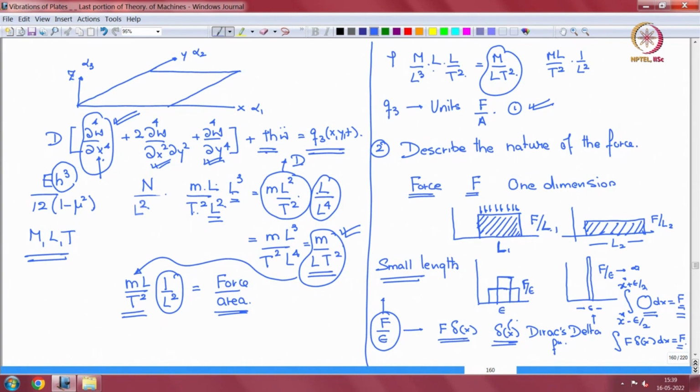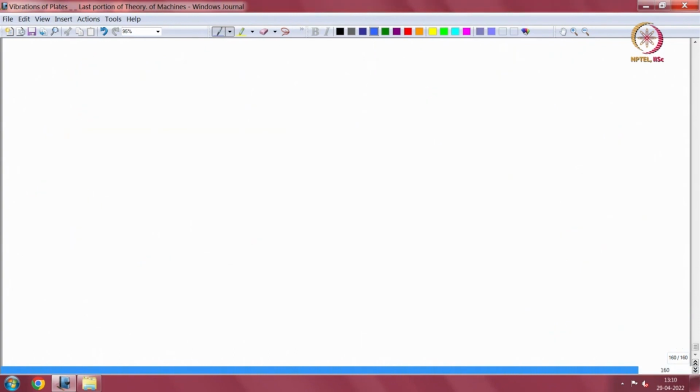On its own, if you write f delta of x, it is undefined at x equal to 0, where we are interested in. However, if we integrate f delta of x dx from 0 minus to 0 plus, that is equal to f.